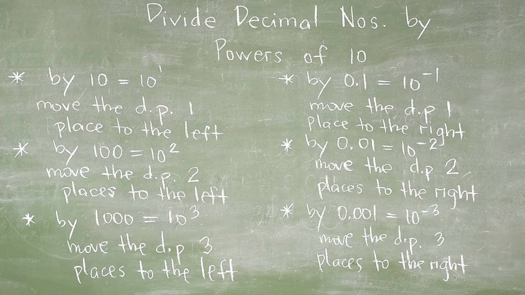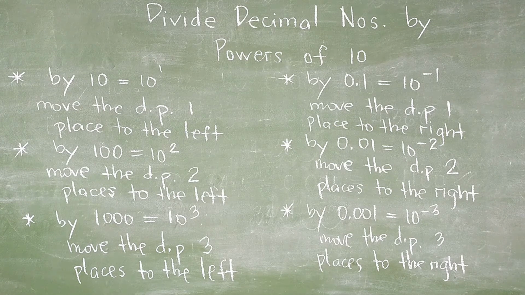And if it is divided by 1000 or 10 to the third power, move the decimal point 3 places to the left.